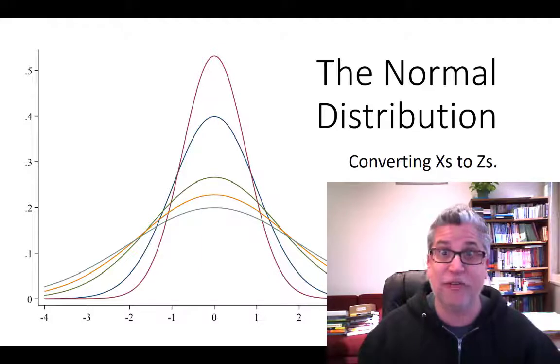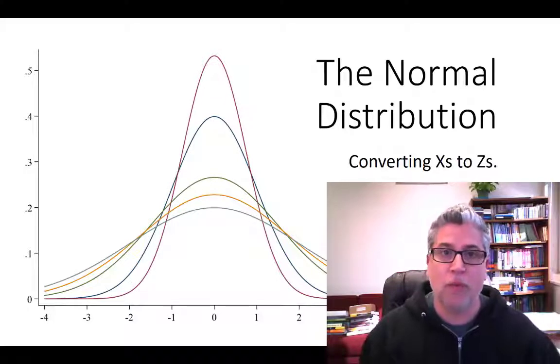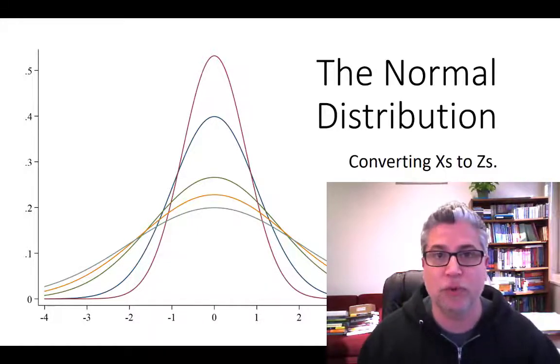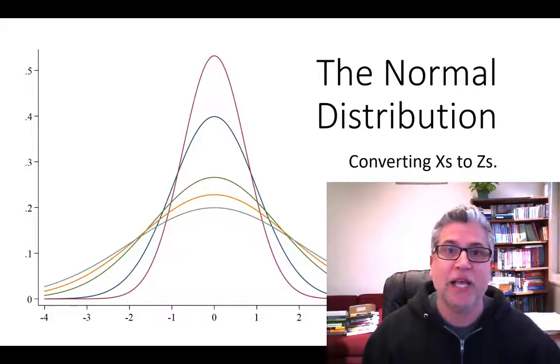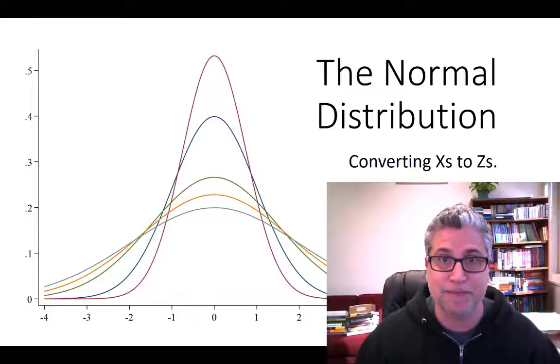In fact, every time that you're going to do a hypothesis test. So you might want to test some hypothesis that the true population is a certain thing, and converting to a standard normal is going to be like your bread and butter. So with that said, let's see how it's done where we can convert between x's and z's.